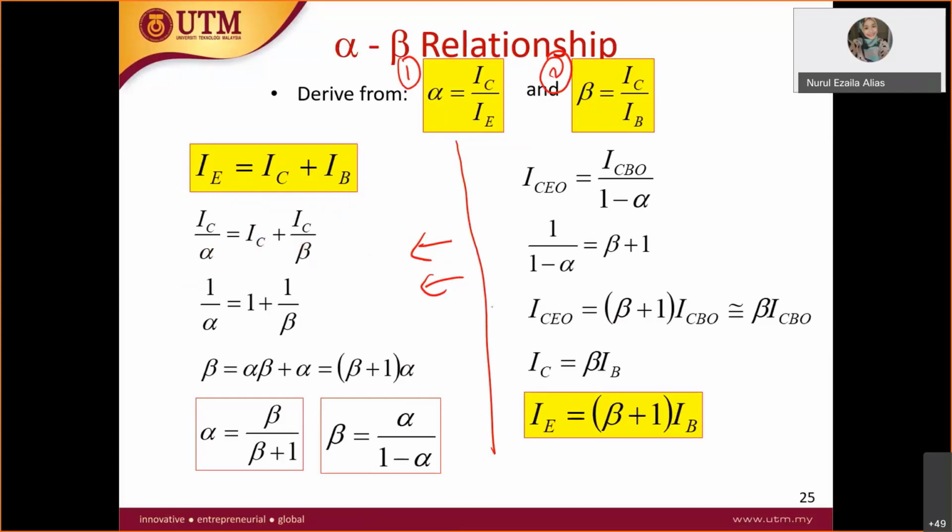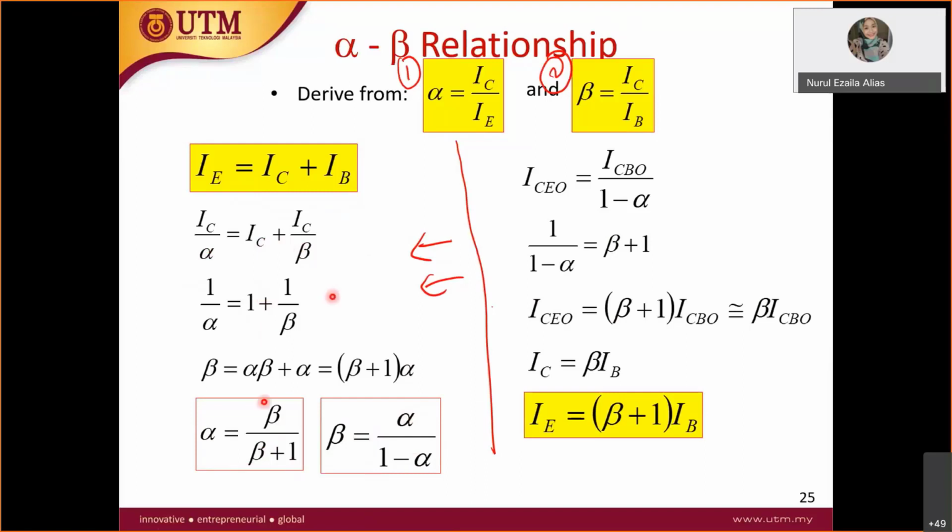If you rearrange these equations, you will get that alpha is equal to beta over beta plus 1, or beta is equal to alpha over 1 minus alpha. This is basically just rearranging the equations.